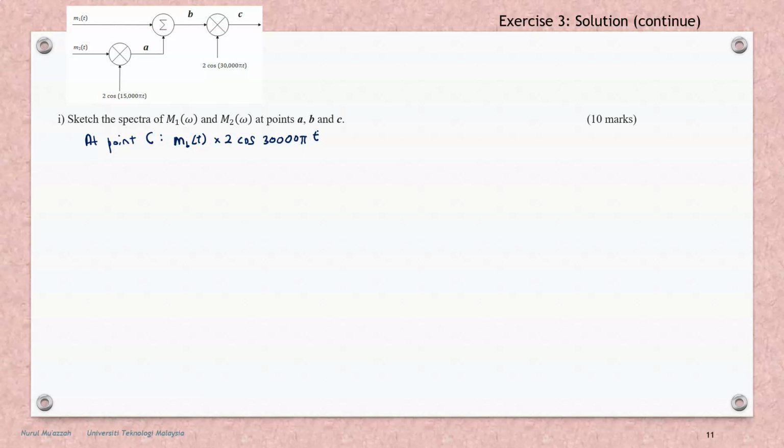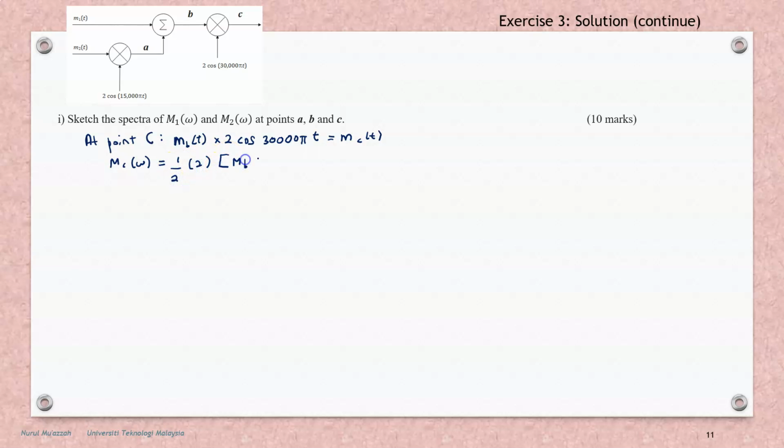So this is M_C(t). For M_C(omega), which is the spectrum of M_C(t), transformed to the frequency domain using the Fourier Transform, it is equal to 1 over 2 multiplied by 2.